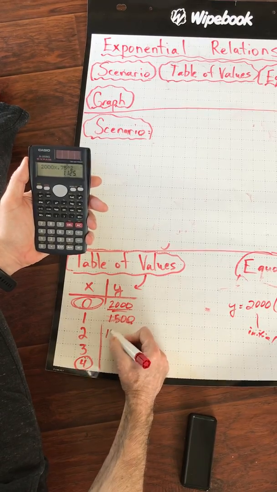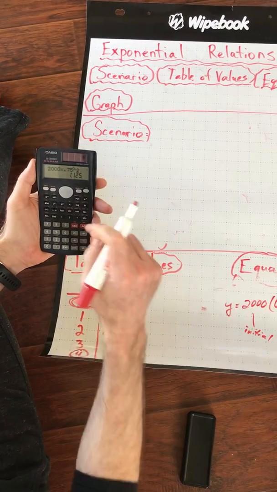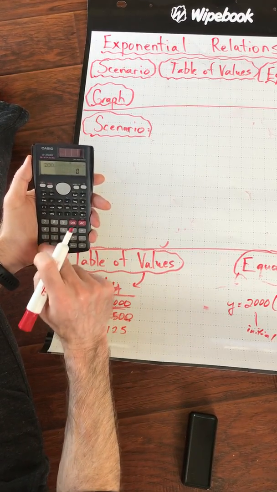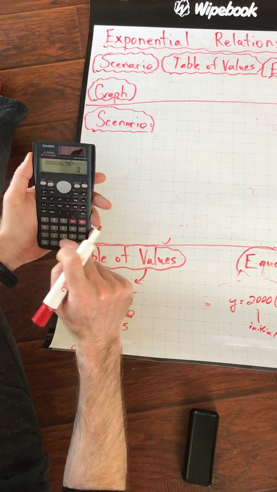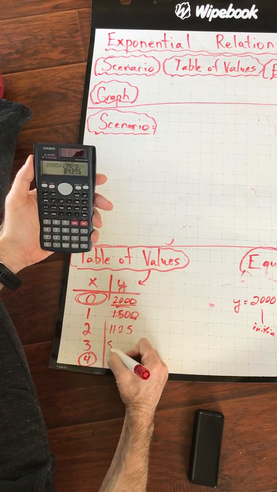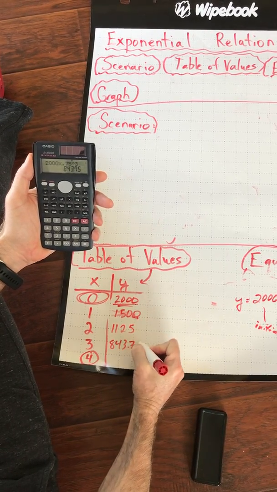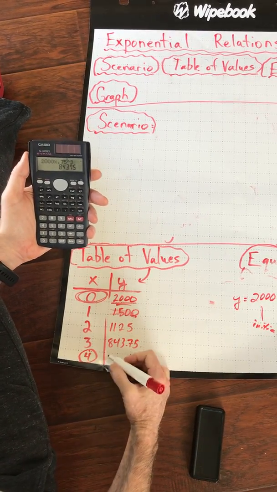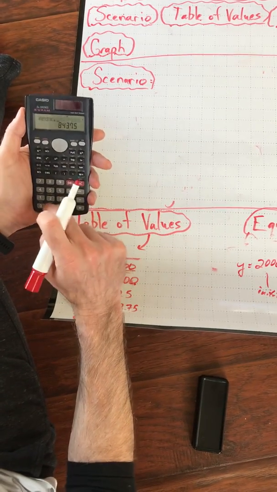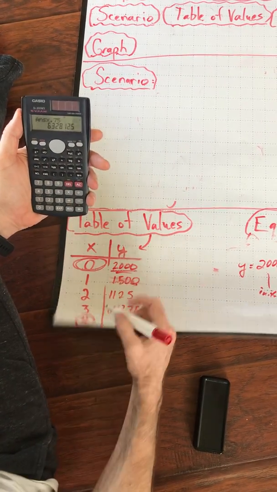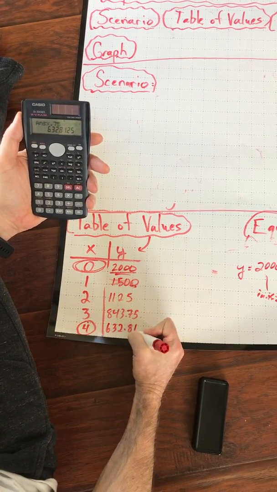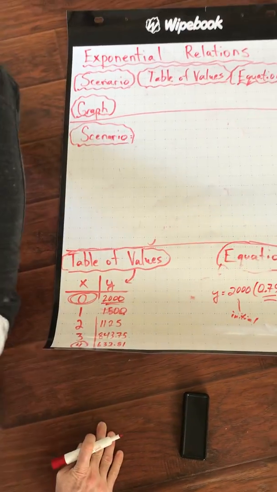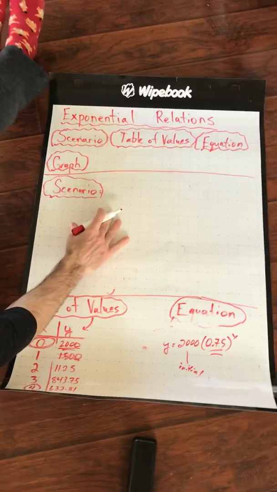Oh, now we're at 1,125. 2,000 times 0.75 to the power of 3: 843.75. Okay, and to the power of 4, 632.81 approximately.